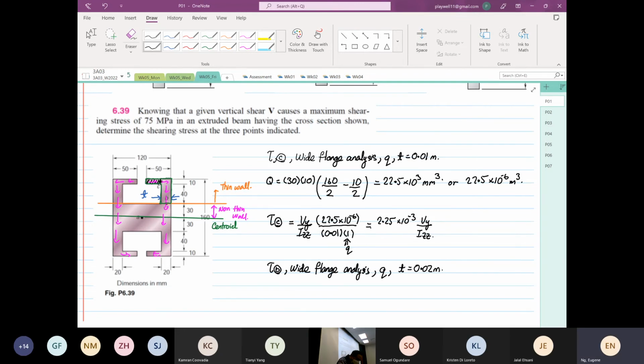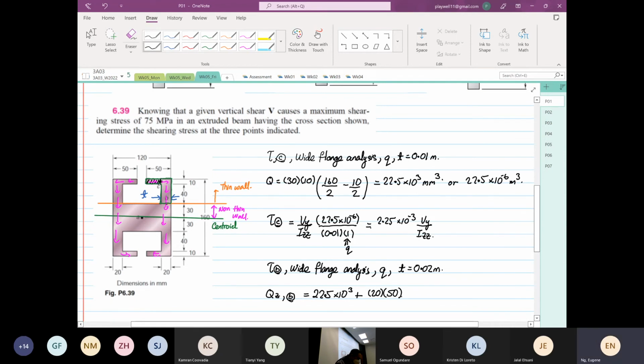So now Q about the z-axis, at point B, will be equal to, so we have to add in the 22.5 times 10 to the power of 3. That is for the shaded section. Next is the web section. The web thickness is 20 millimeters. The depth is 50 millimeters.